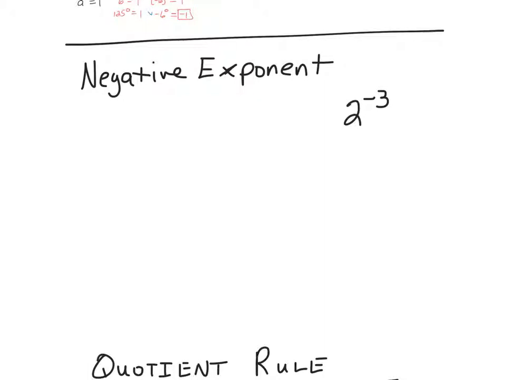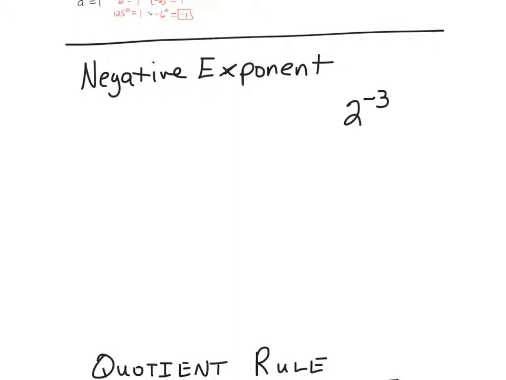So, to make a negative exponent positive, do you see that we can take the factor that contains the negative exponent and put it in the denominator, and the exponent will become positive? Okay, that's the idea behind how we handle negative exponents.